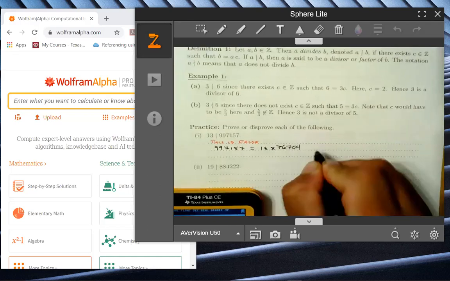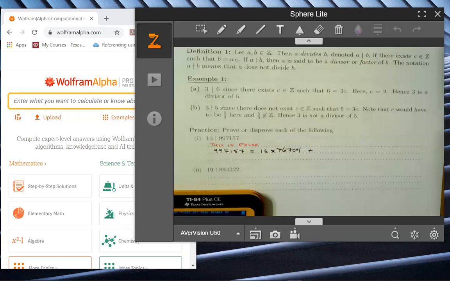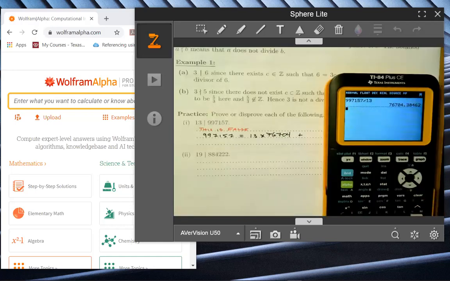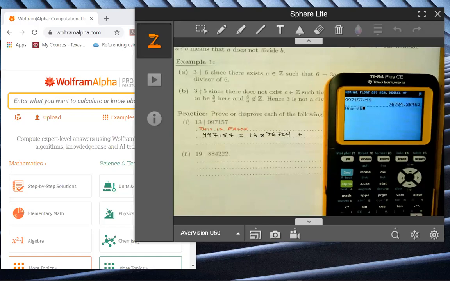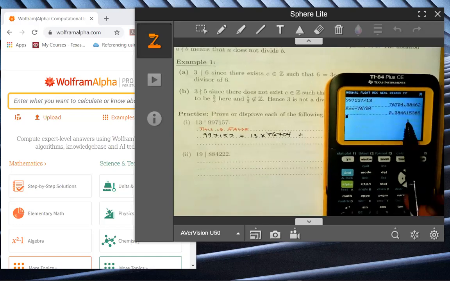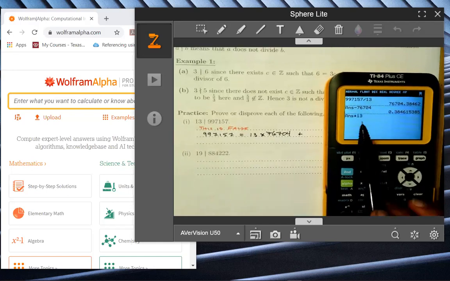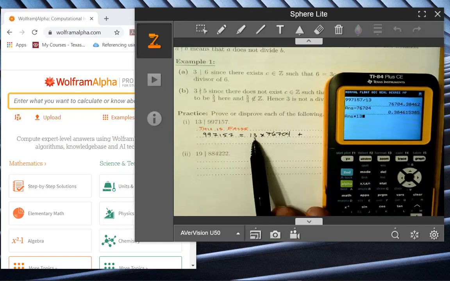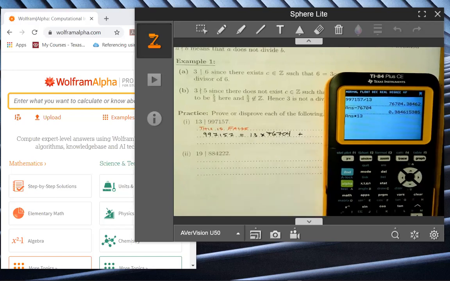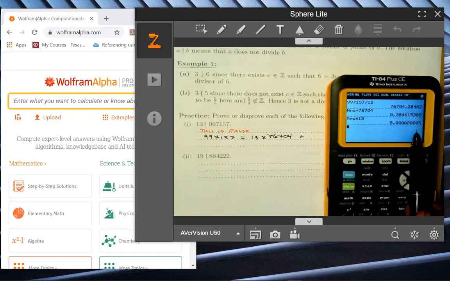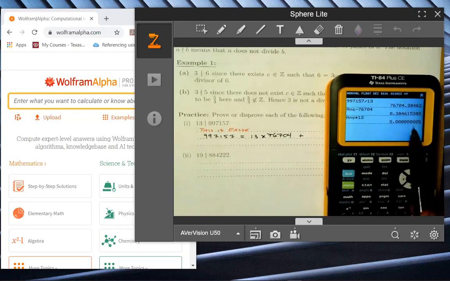So it's equal to 13 times 76,704 plus some remainder. How can we find that remainder? An easy way is to subtract 76,704 so that we're only looking at the decimal, and then multiply that number by 13, because we're checking divisibility by 13. There are some limitations on our calculator, but we see that we have a remainder of 5.